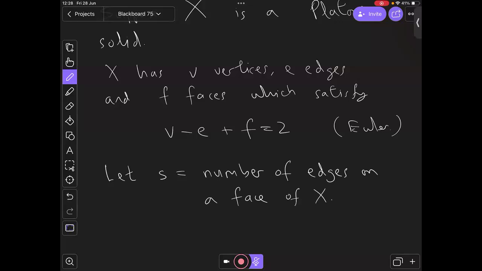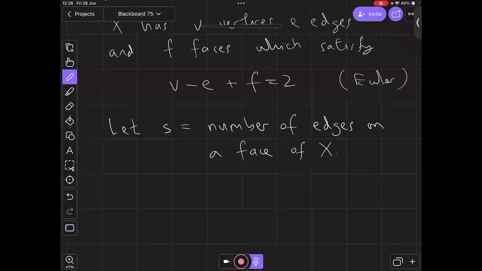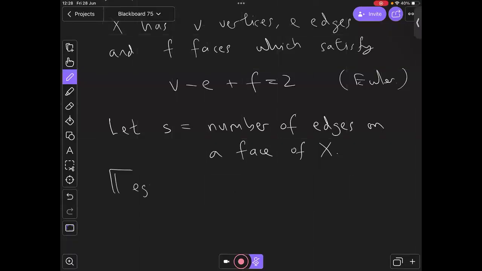They're either all squares or all triangles or something. So there's a single number S, which is the number of edges on a face. So for example, if X was the cube, what number would S be?